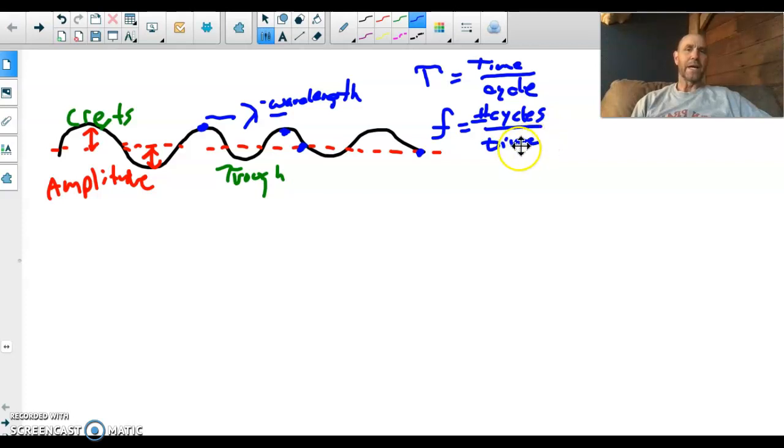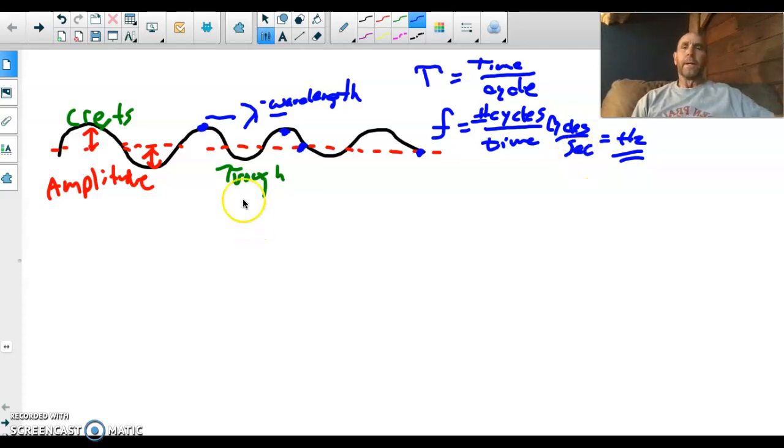If that time is in seconds, like it was for us in the pendulum lab, and it was cycles per second, we would call that a hertz. That's the unit for frequency if it's cycles per second. But for some things, like the sun rising, we wouldn't use seconds. We would do cycles per day or cycles per hour or something more appropriate.